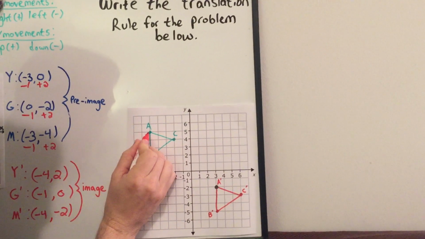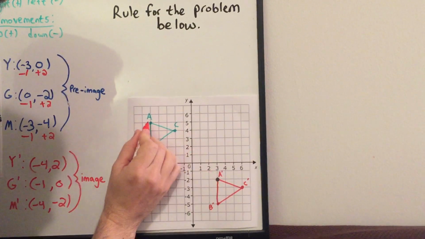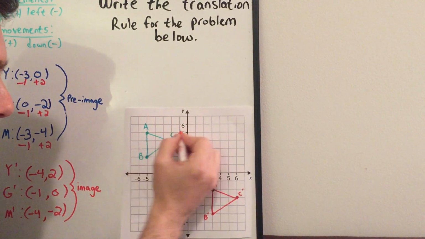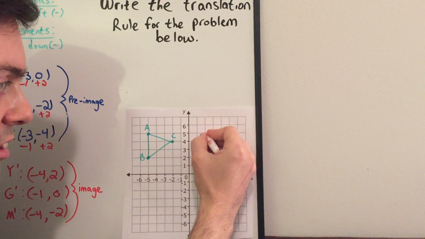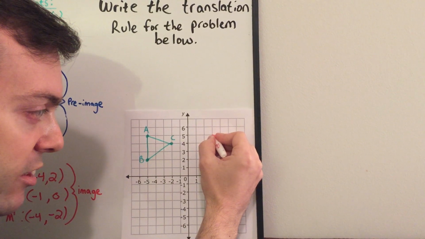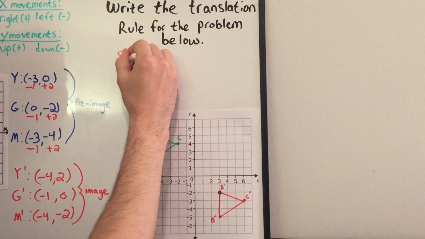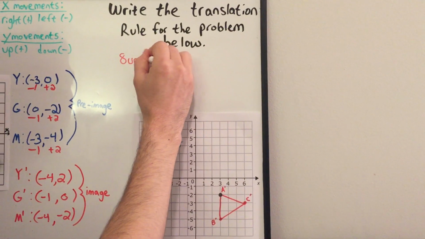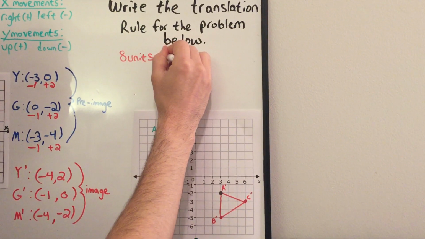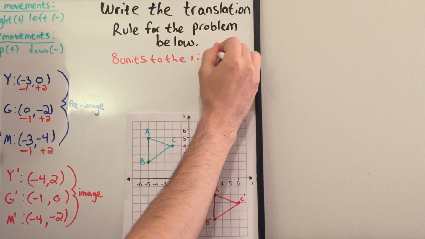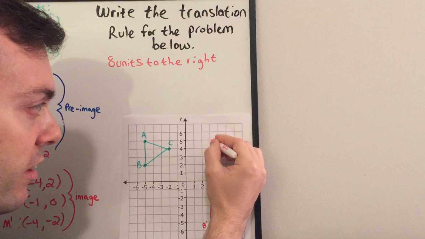So I'm just going to do A right here and figure out where it moves. It looks like A moved 1, 2, 3, 4, 5, 6, 7, 8 units to the right. So I'm going to say 8 units to the right. And then I'm right here.